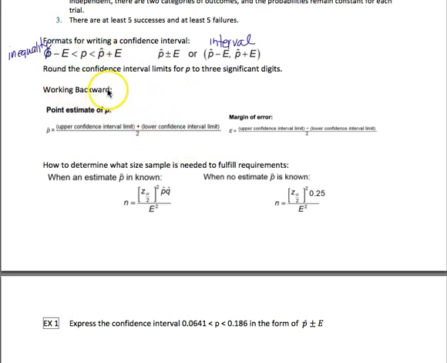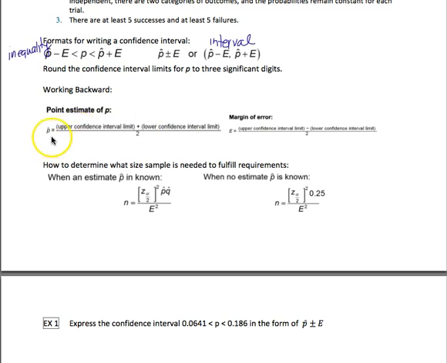When we have confidence intervals, the general rule for proportions, which is what we're discussing right now, is to round to 3 significant digits. You know that throughout the course we've got various rounding rules. So here is the rounding rule for our proportion confidence intervals. Sometimes we're going to be asked to work backward, meaning that we know the confidence interval and we're trying to find p hat and e.